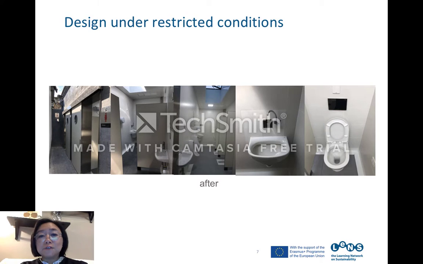In this extremely restricted condition, the design team tried its best to make the toilets functional as well as providing service with dignity, proposing an inclusive design.